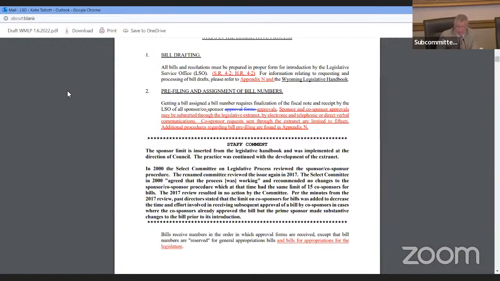To stop that, and to stop from sending out 60 co-sponsor requests for every bill in the House, I guess now it would be 62, they adopted this 15 limitation. And there is an exception: if someone wants to go to their leadership and get approval of the leadership in their party, then the 15 limitation no longer applies.